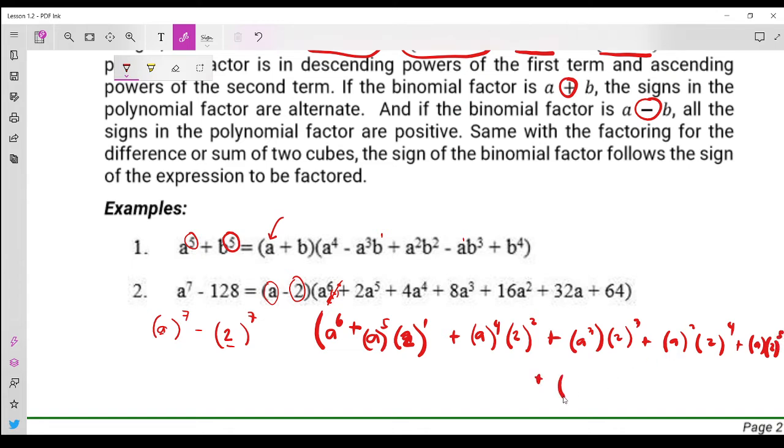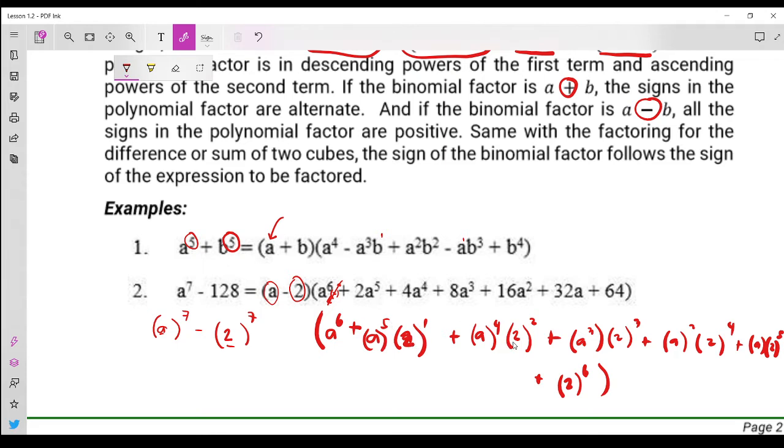Plus, the exponent of a is 1, so the next exponent is 0, or simply you may not write anything here. And then you have your 2 raised to 6. So simplifying, you have your a raised to 6 times 1. 2 raised to 1 is 2, so 2 times a raised to 5 is simply 2a raised to 5.